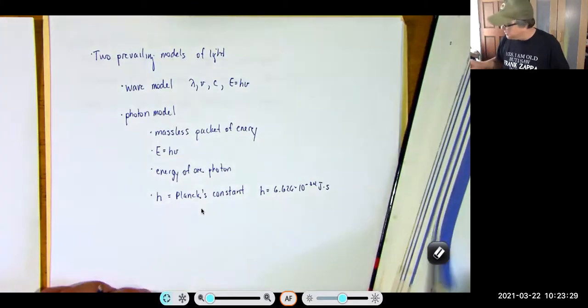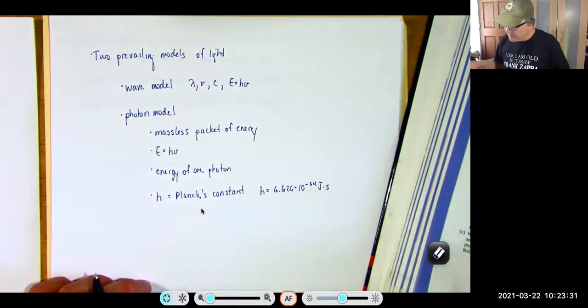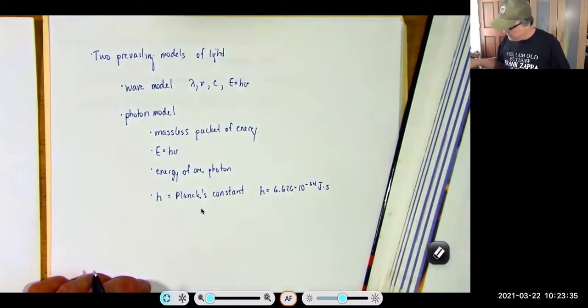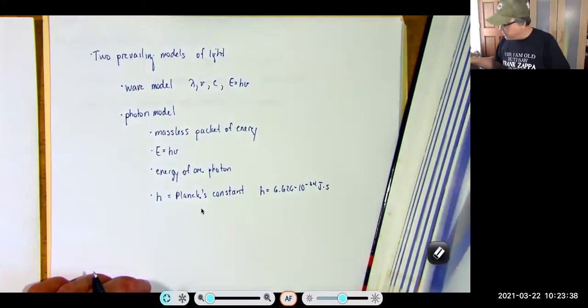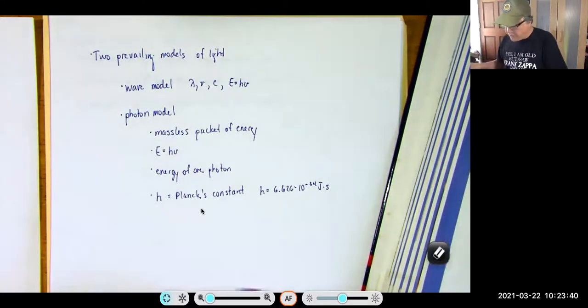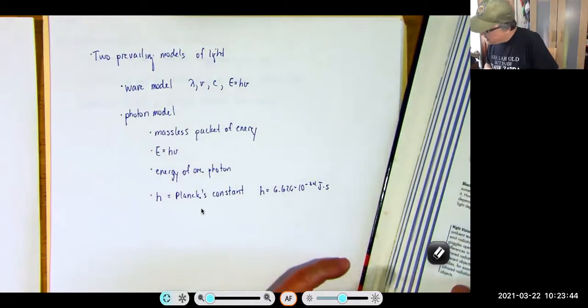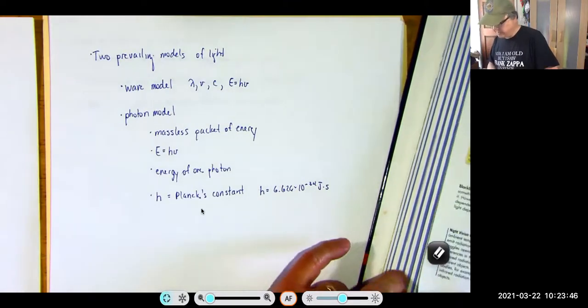So this is chapter 6. And this is definitely something you want to put on your index card for your exam. And so double checking Planck's constant.